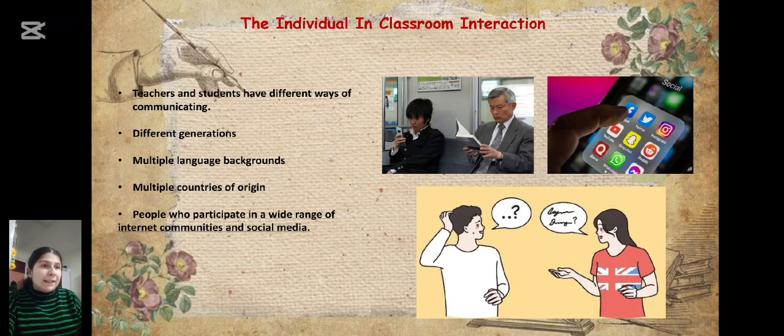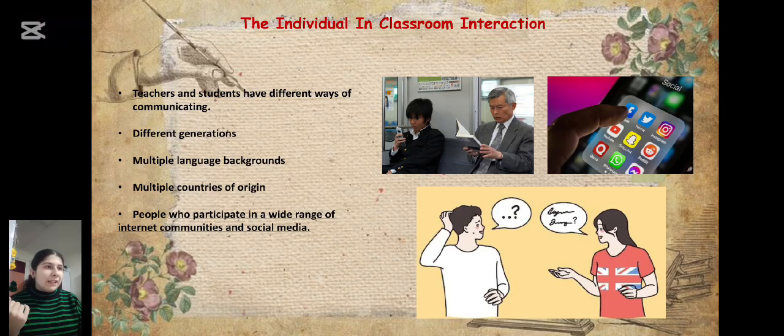So sometimes it's really difficult to get into a discussion with your students because they have different ways of communication, and you do also. For example, you're from different generations, so you cannot go along with them.